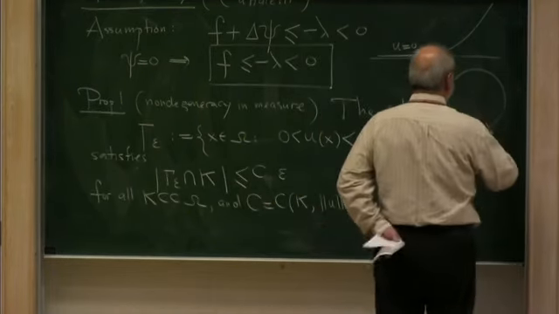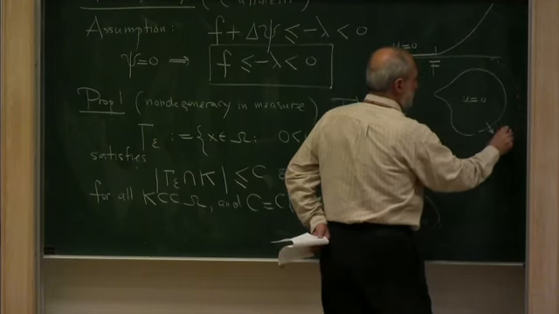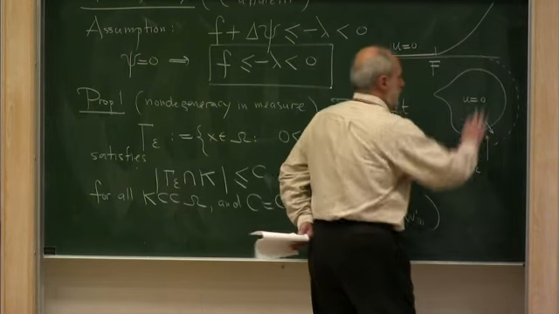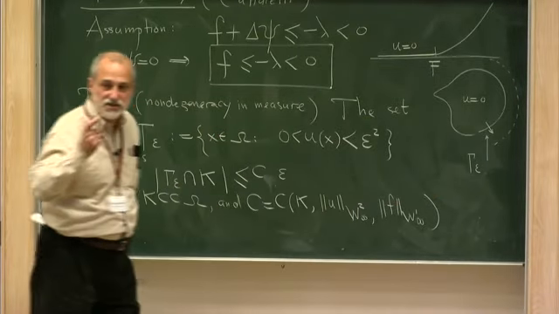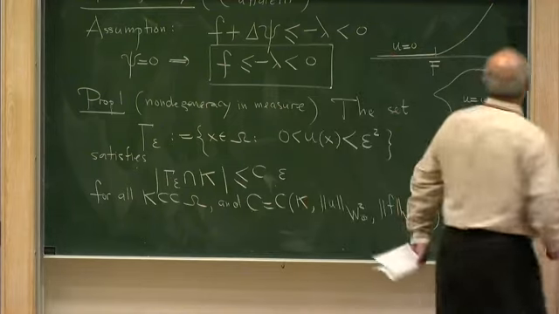So if we move away, this is u equal to 0. If we move away from this set, this is the set gamma epsilon. This set is like a strip in the sense of measure.